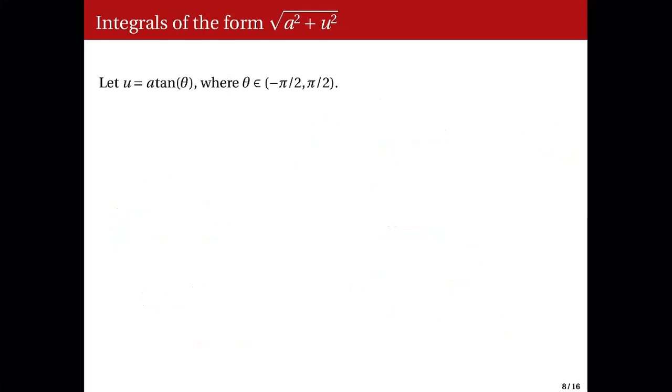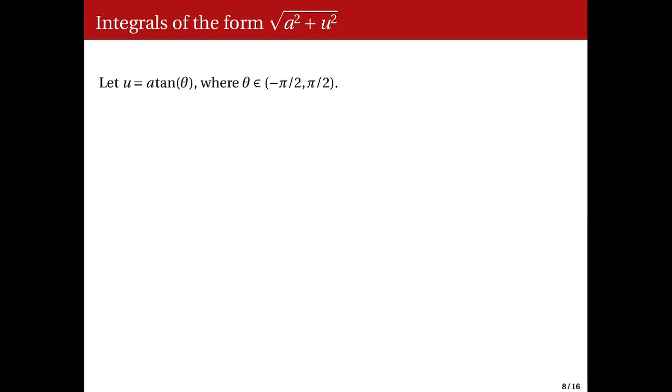Let us consider another form. So this time you have square root of a squared plus u squared. So we now have plus for this. If we have this, we use this substitution: u equals a tangent theta.